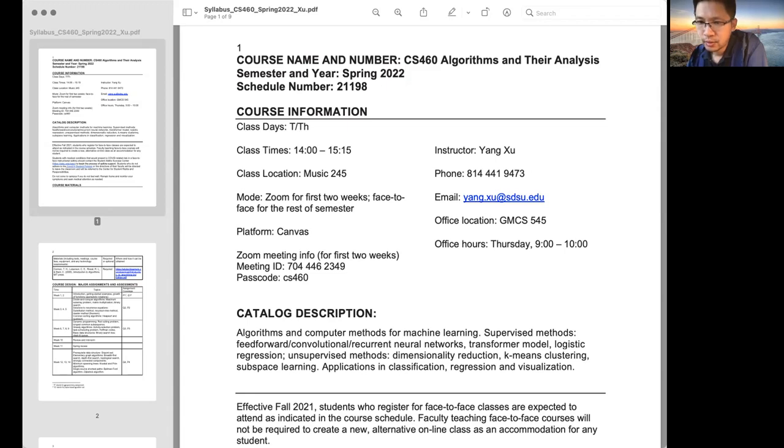And where can we see the recommended reading? I will place a recommended reading message at the beginning of each module on the Canvas page. Okay.